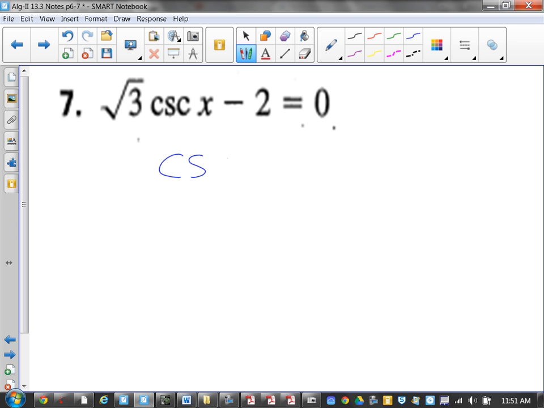Cosecant of x equals 2 over root 3. Cosecant is the inverse of sine, so which angle has a sine of root 3 over 2? 60 degrees.